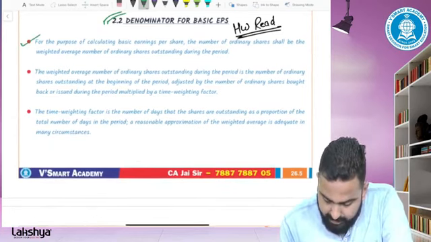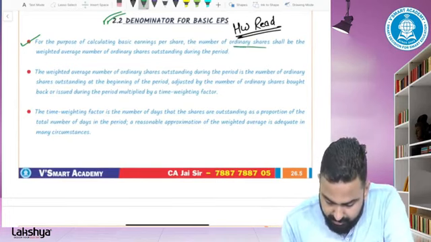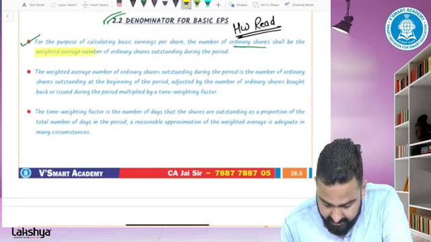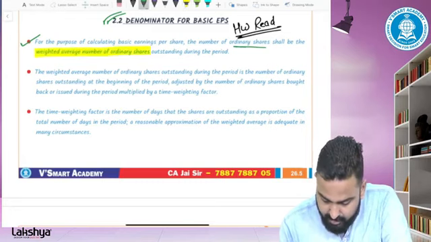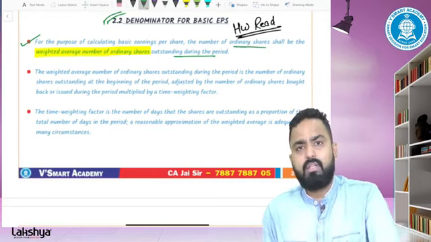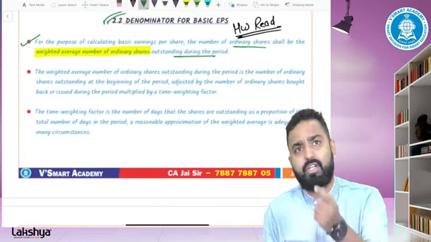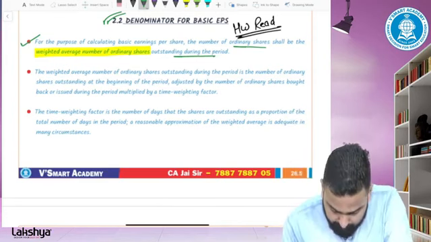For the purpose of calculating basic earnings per share, the number of ordinary shares shall be the weighted average number of ordinary shares outstanding during the period. So basically for the purpose of the denominator, we need the weighted average number of ordinary shares. Here ordinary means equity capital.